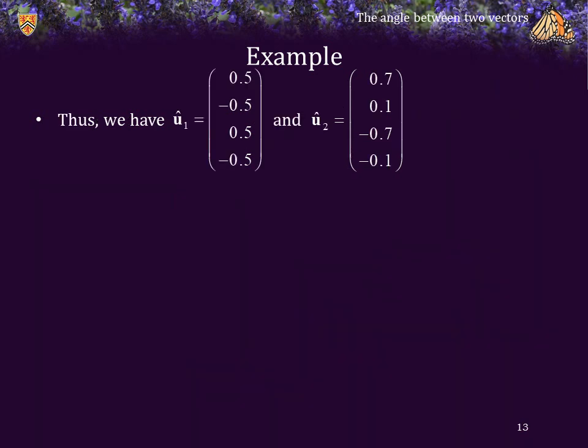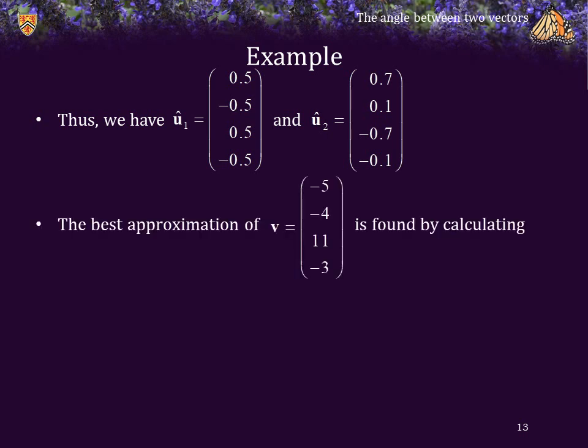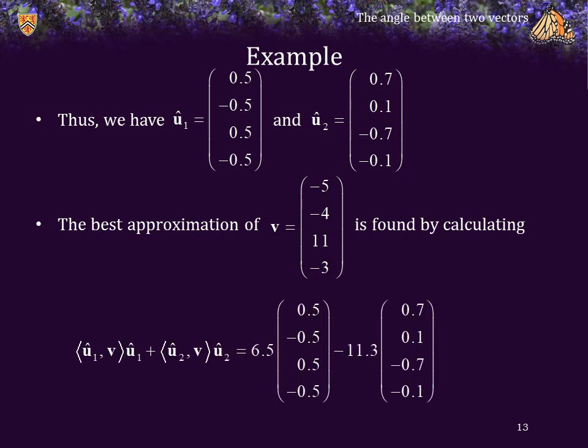Thus, we have the following two normalized and orthogonal vectors in R4. The best approximation of this vector in R4 can be found by projecting this vector onto u1 cap and adding to that the projection of this vector onto u2 cap. So here's that calculation, and the inner products are 6.5 and negative 11.3 respectively.